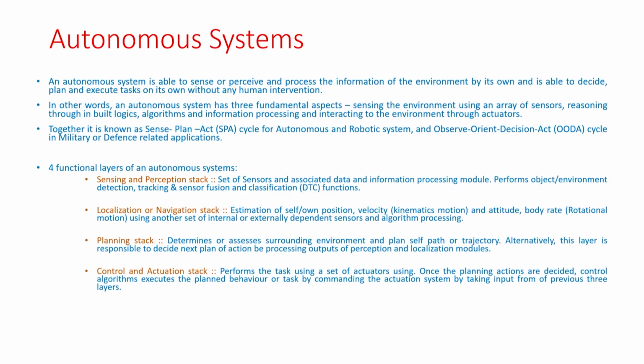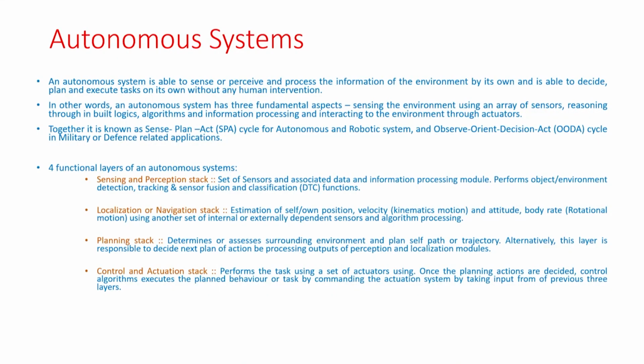And what is the outcome? The outcome is the actuation action. When we see something and want to react, we raise our hand or move using our leg. Legs and hands are the actuation system for a human. For a robotic or any autonomous system, it will be a set of actuators.